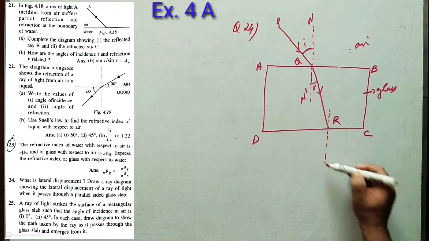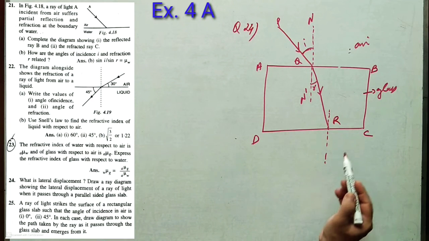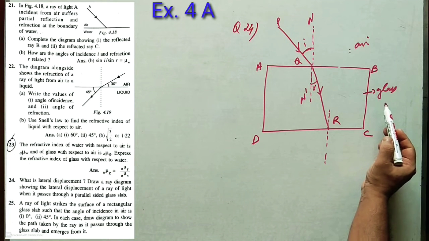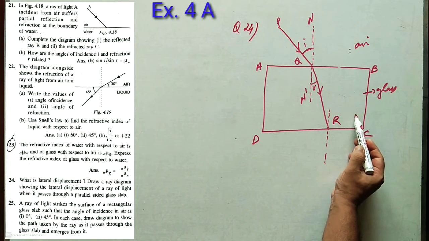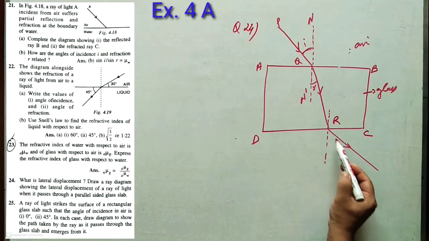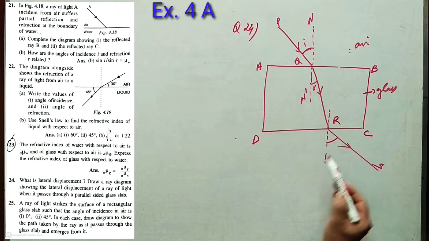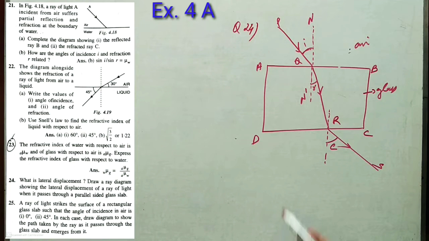Again, it is ready to emerge. Draw a normal to the point of incidence. What happens when ray of light is traveling from denser medium to rarer medium? It bends away from the normal. And the angle between the emergent ray RS and the normal is known as angle of emergence. Clear? So the refraction part is over.